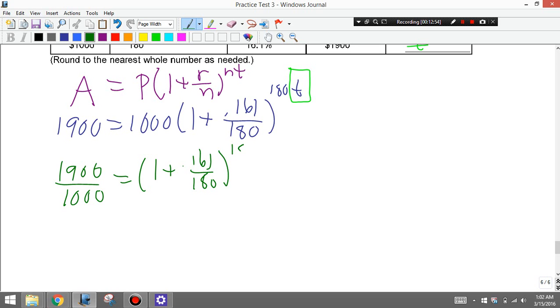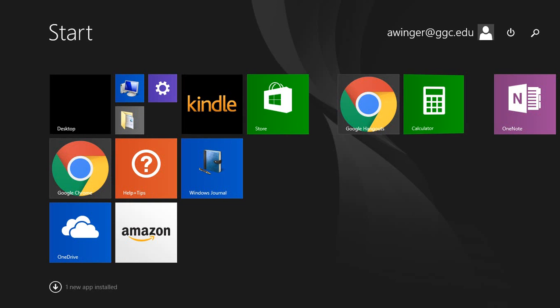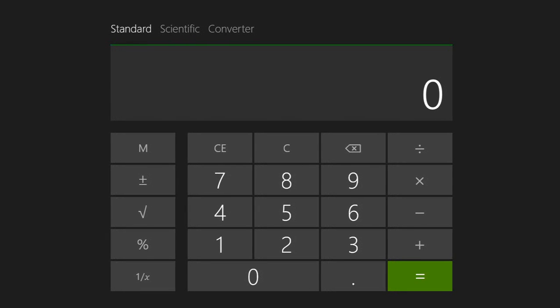1900 over 1000 equals 1 plus 0.161 over 180. Now at this point you can make that a decimal, whatever decimal that is, and let me get the calculator out. One plus 0.161 divided by 180 equals, I'm sorry, let's do that again. Oh, let's do this because I think the order of our operations is wrong.